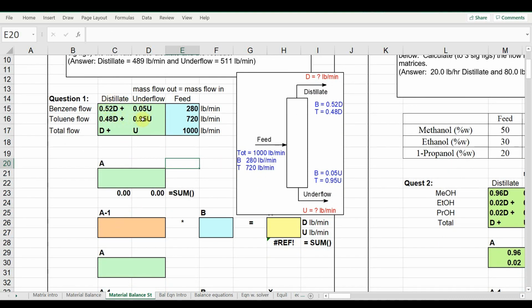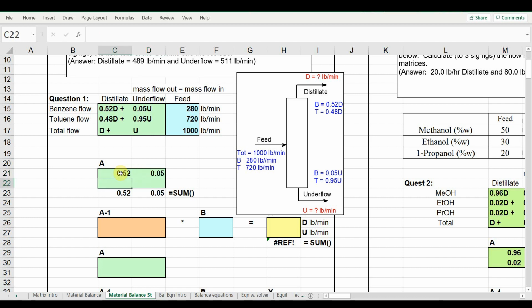These values can't be solved by Excel. Excel needs numbers only, not a mixture of numbers and letters. Let's create the matrix of the coefficients of the variables for the first two equations. Just take the coefficients 0.52 and 0.05.